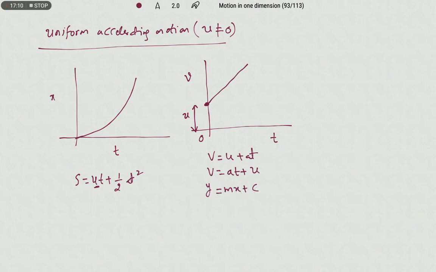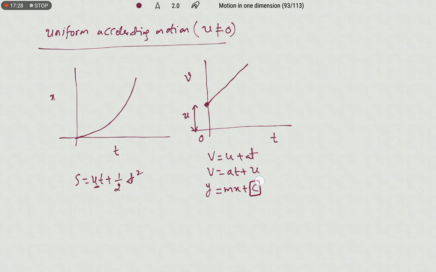What is the meaning of the graph y = mx + c? The graph is a straight line not passing through the origin, so it has some positive intercept. That means the graph cuts the positive y-axis at a certain point.